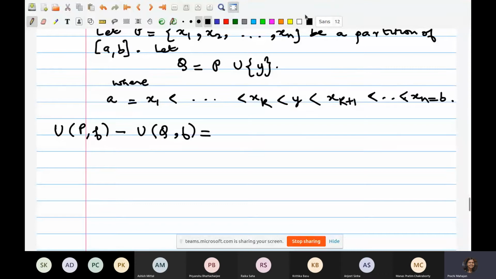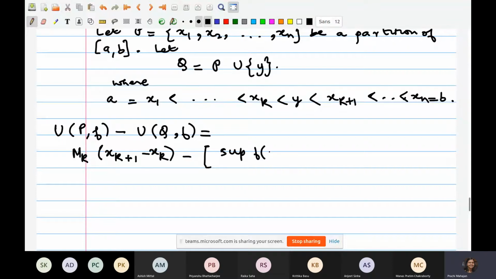So what I mean is that I will have the supremum of f over the kth subinterval, whose notation is Mk, times the length of the kth subinterval, which is x_{k+1} minus xk. So this is the contribution from the upper sum corresponding to the partition P, minus what? So minus the supremum of f.